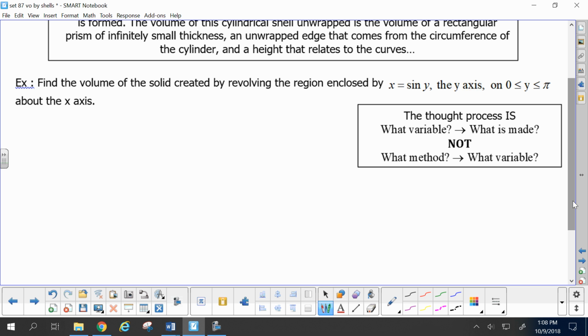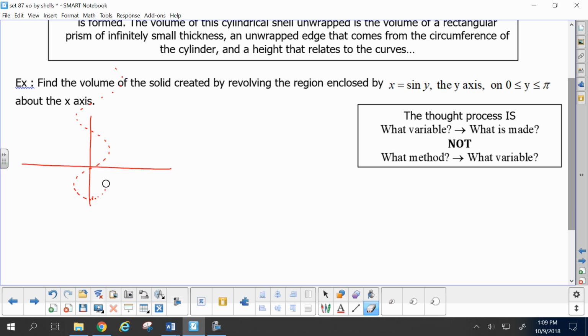Okay? So let's consider x equals sine y. What does it look like? Do you agree it looks like this? Oops, no, it doesn't. It looks like this. All right.